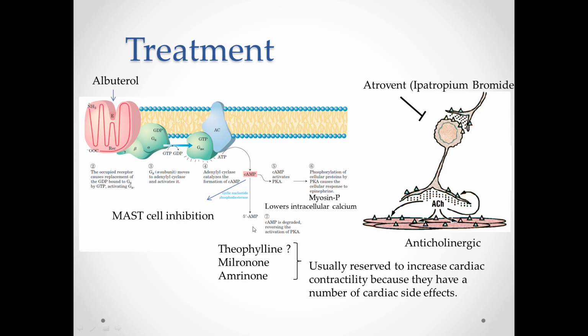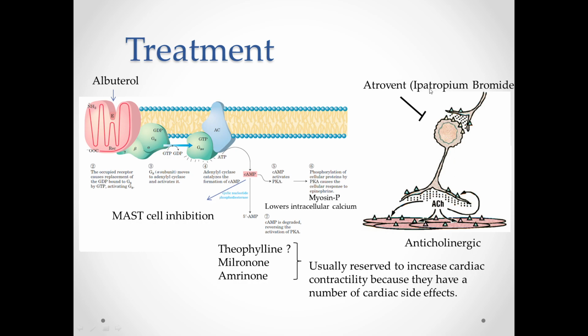Theophylline increases cyclic AMP levels. We don't think it's a true phosphodiesterase inhibitor, but it used to be classified like that. Milrinone and amrinone are also typically referred to as phosphodiesterase inhibitors that prevent the breakdown of 3',5' cyclic AMP.